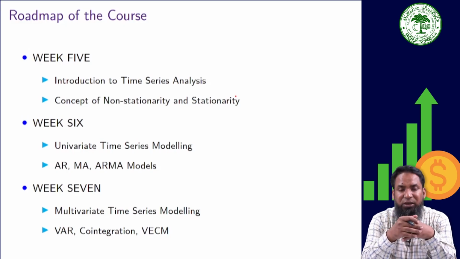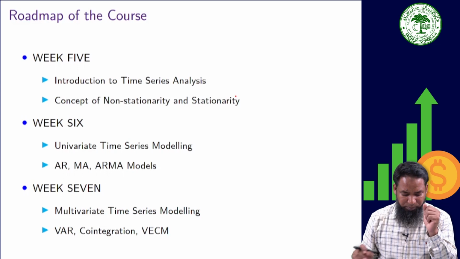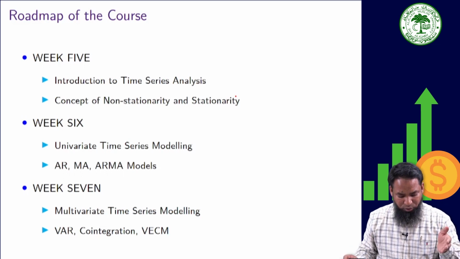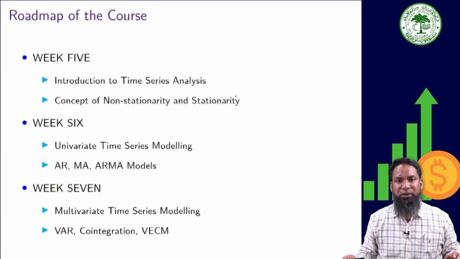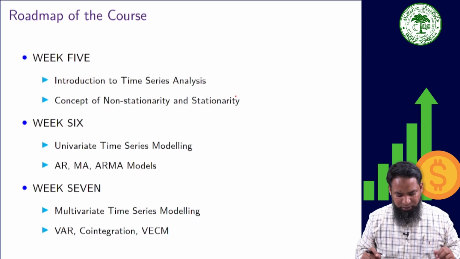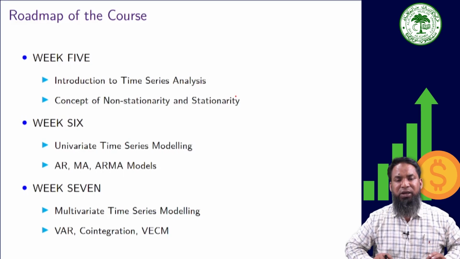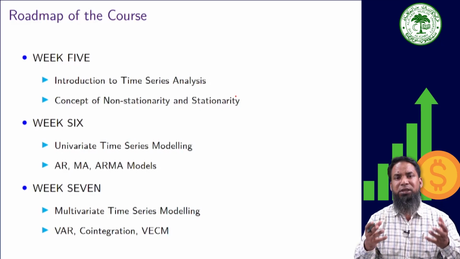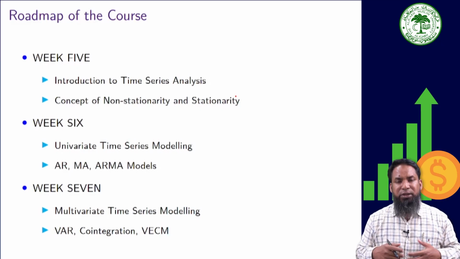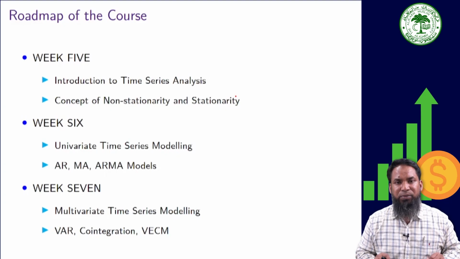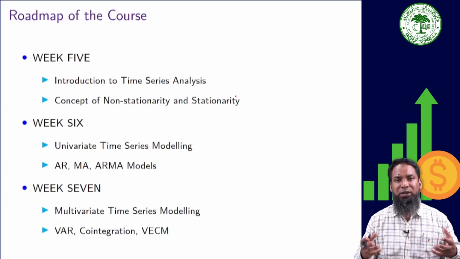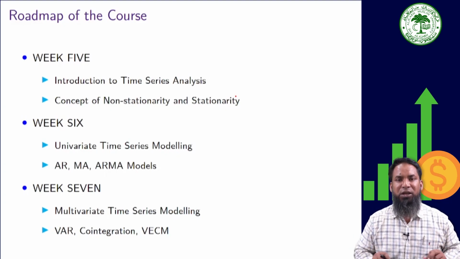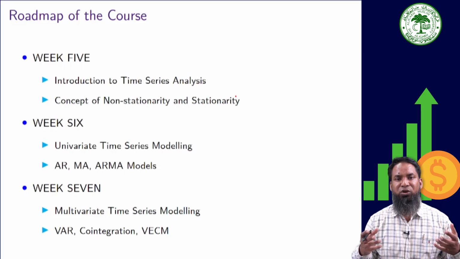In week 7, we take the route to multivariate time series modeling, because we know that often in financial econometrics, and in general in this integrated world, there is integration and interdependencies among the financial as well as the economic variables.